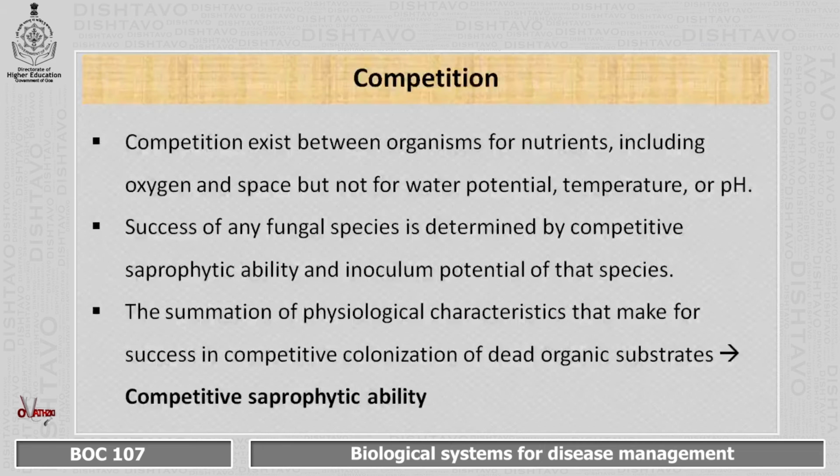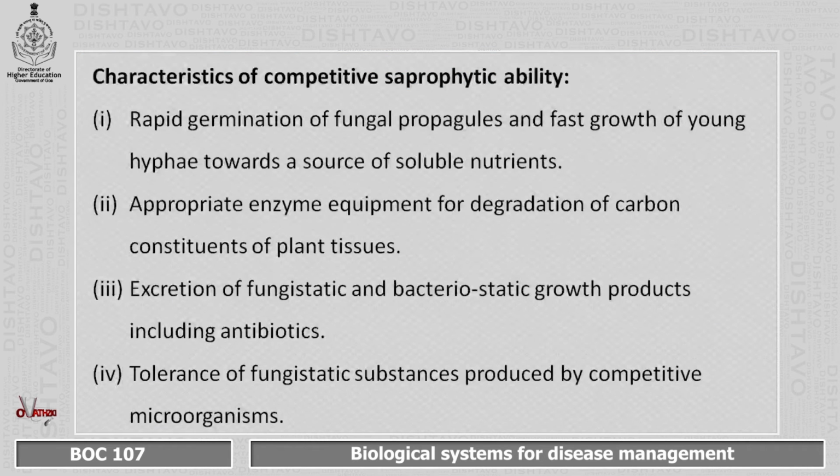The summation of the physiological characteristics that make for success in competitive colonization of dead organic substrate is called competitive saprophytic ability. Now these are the characteristics of competitive saprophytic ability.